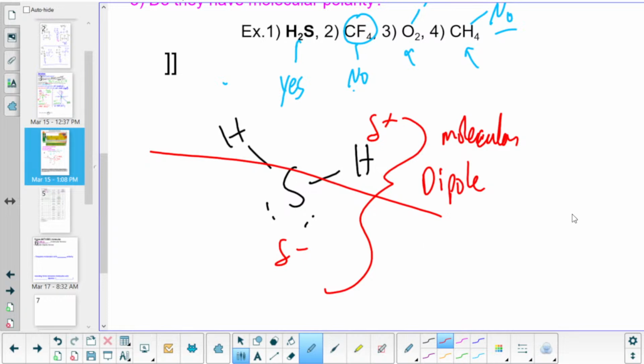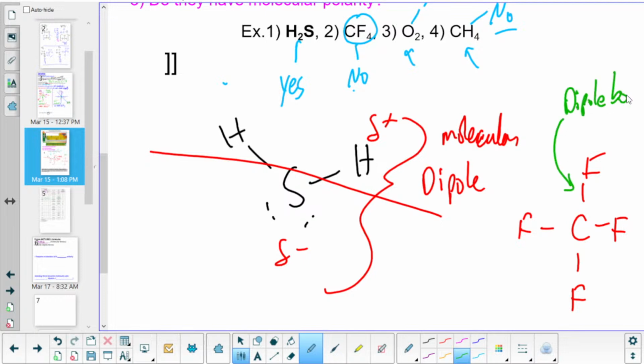Now, if you have CF, which I'm going to draw incorrectly, but it still shows the relationship. It's in 3 dimensions, but this is the same kind of relationship in 2. This is a dipole bond. So all of these will be negative, but if I slice it in half, there is no side that's positive with the other side being negative.